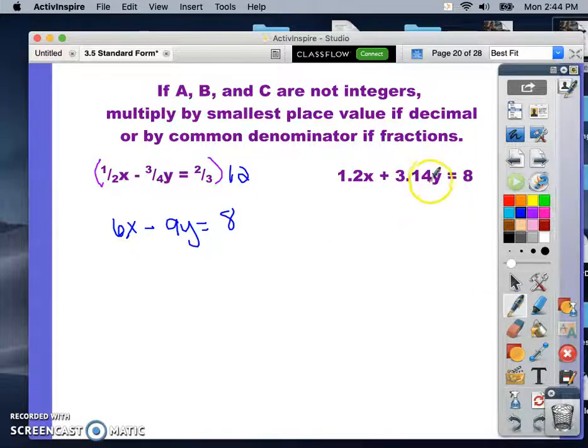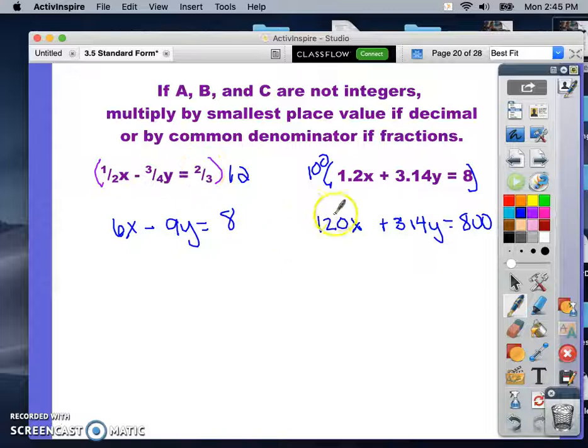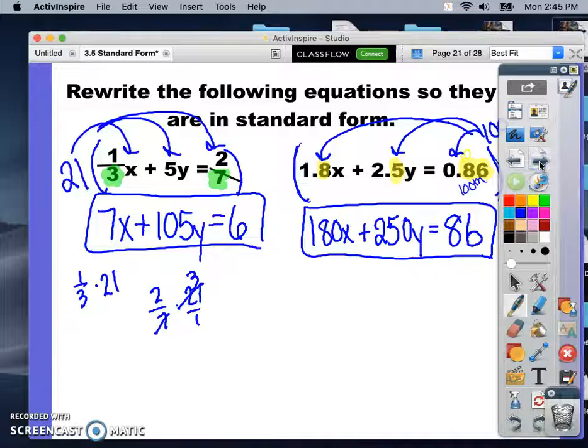So to get rid of this decimal, if I move it 2 places, I'm actually multiplying everything by 100. 2 zeros here, 2 decimal places. So 120x plus 314y equals 800. And there is my equation without any decimals or fractions.